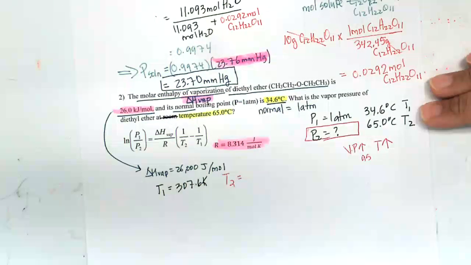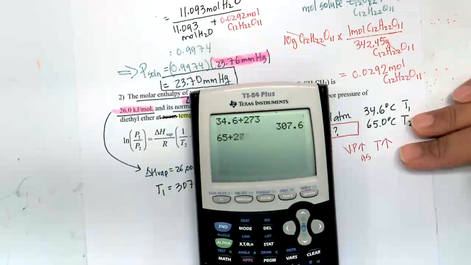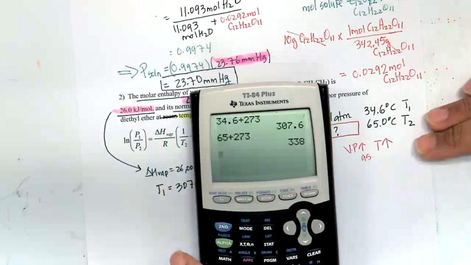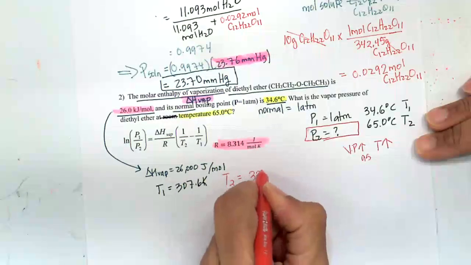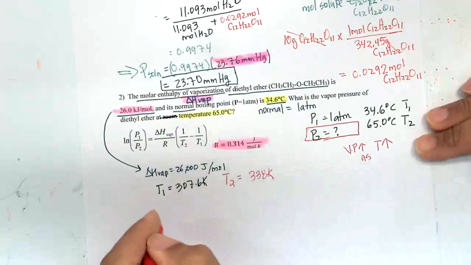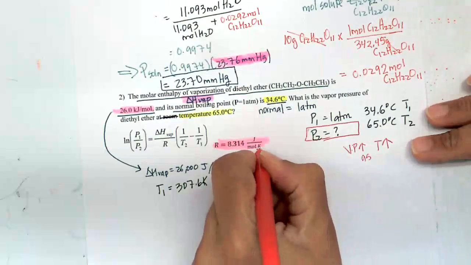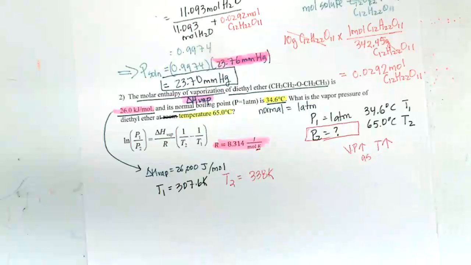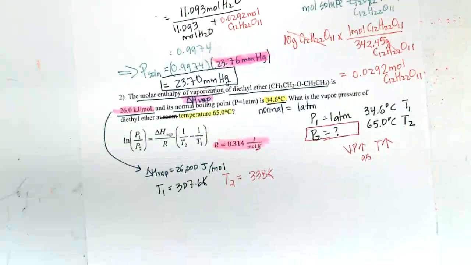Okay, what will T2 be? Add 273, right? 338 Kelvin. So let's go ahead and solve for this. Okay, we want to convert it to Kelvin because Kelvin is in the units of R.